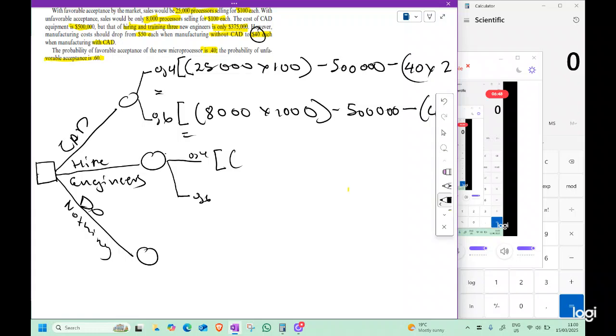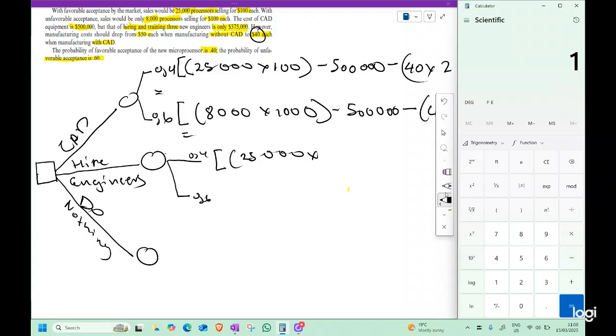So now, when you're hiring engineers, the sales are the same, 25,000. The sales price is the same. This is supposed to be 100. I made a mistake.